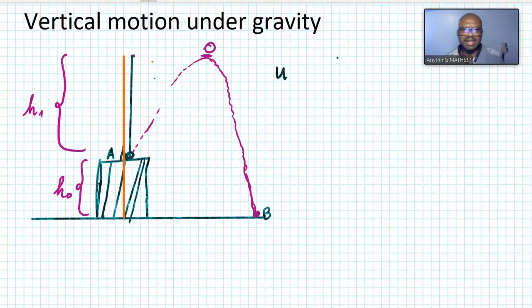The question is, find the time of flight. What do I mean? The total time it takes from when it was projected till it lands at point B. That is what the time of flight is, or the total time.